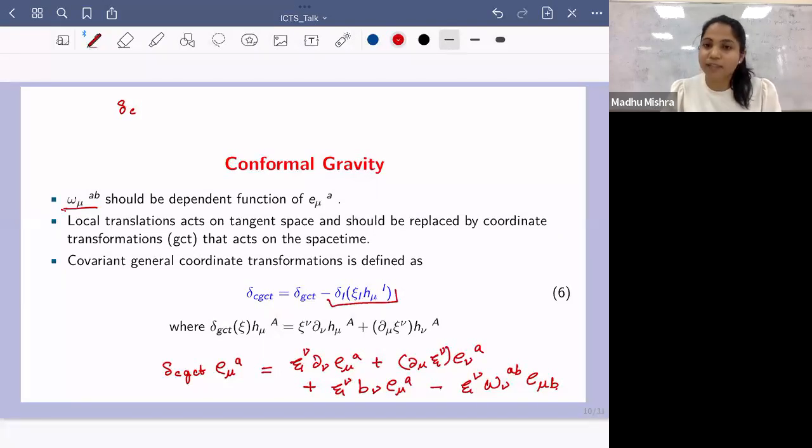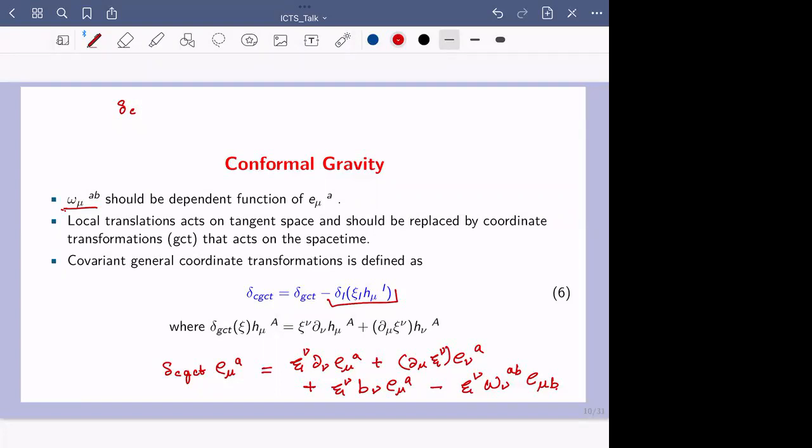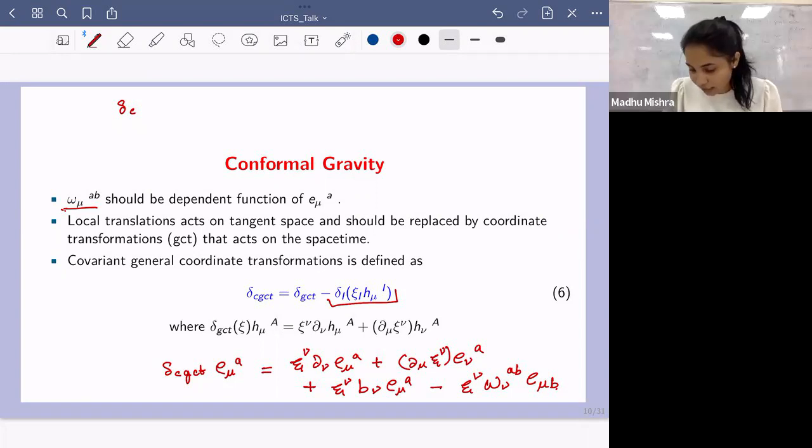That is why this covariant general coordinate transformation is coming. If we only had Poincare symmetry, then the general coordinate transformation would suffice. Because we have conformal gravity, the other symmetries come into the picture, and that is why we have to define a quantity called covariant general coordinate transformation.